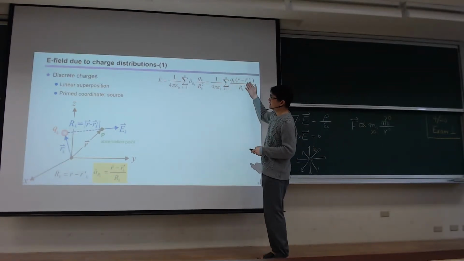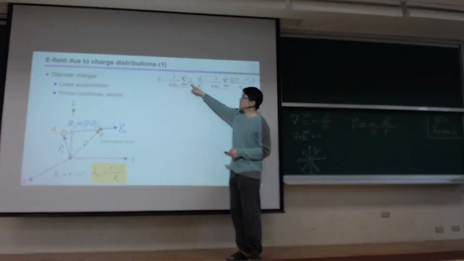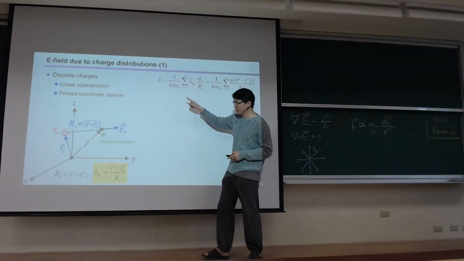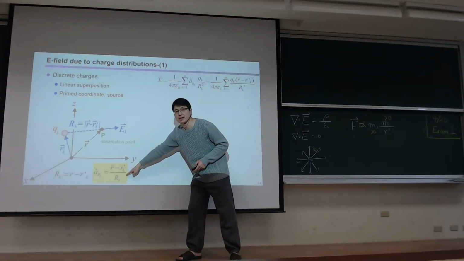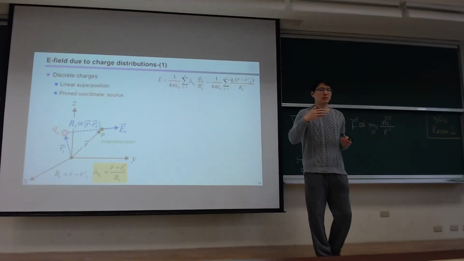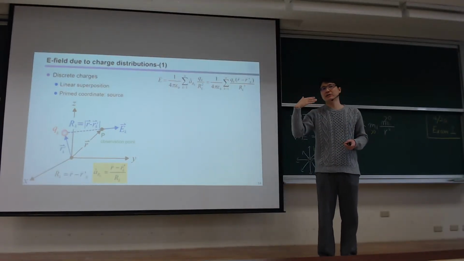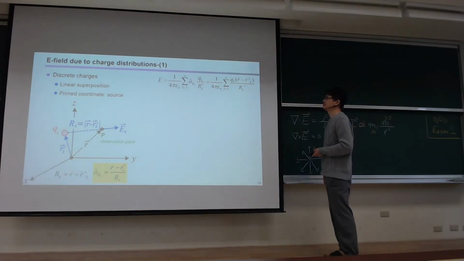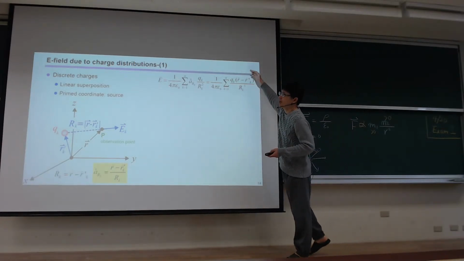Now, in the second expression, I replace the unit vector by this expression, highlighted in the yellow box. Okay. They are the same thing. It's a different way, just explicitly writing out the unit vector. So all I have to do is add them all up.